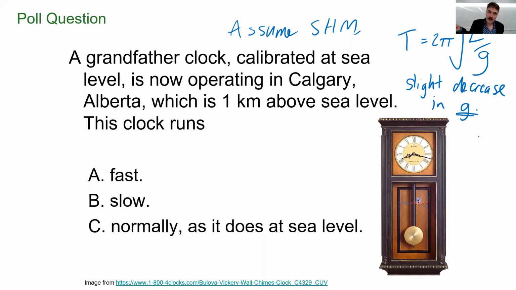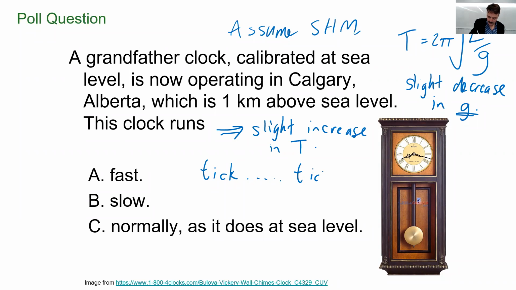G is on the denominator, so that means slight increase in T. So instead of going tick, tick, tick, it goes tick, tick, tick, a little slower. And so that's going to call it a slow clock.